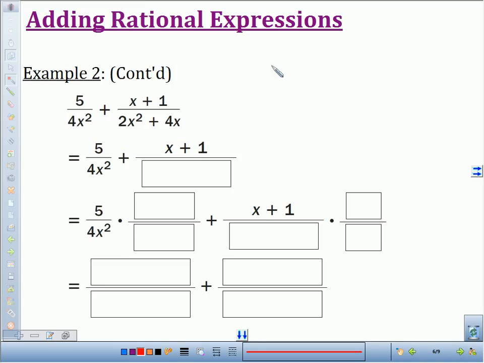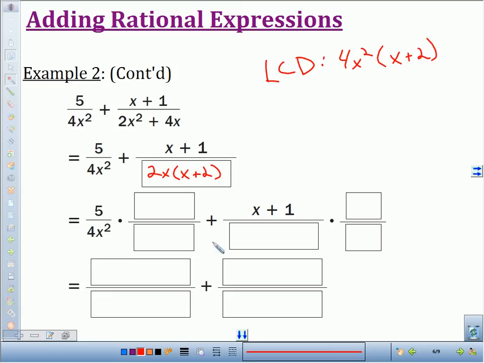That's what I'm going to use. Make a note, my LCD is 4x squared times x plus 2. I need to know that because I'm going to be using it. So here what I want to do is write my factored version.